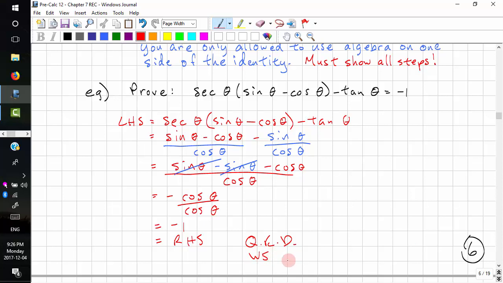And that stands for which was what we wanted. And I'll write that out. Which was what we wanted. Okay, this is not traditional. This is newer math using W5. And we use it because it's in English.